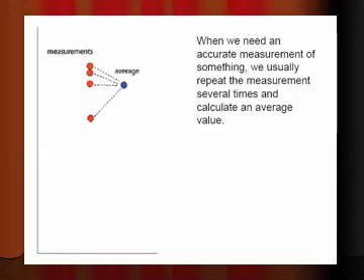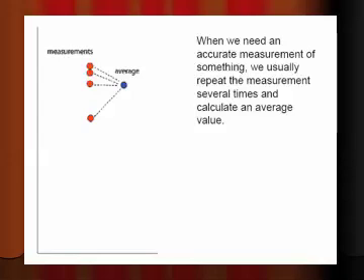Now in this example, when we need an accurate measurement of something, we usually repeat the measurement several times and then calculate an average value, because from all the times that we repeat it, we don't know which one is closest to reality. So we just take an average, we take the mean: we take the sum of all of them and divide by the number of times that we tried.